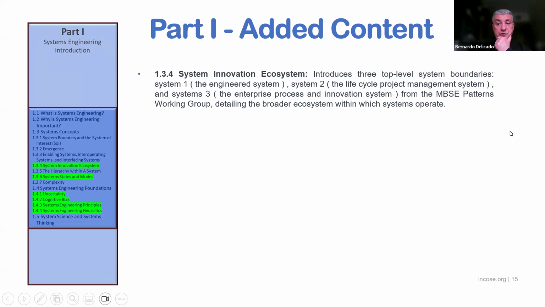This session introduced the 3 top-level system boundaries, system 1, system 2, and system 3, and these concepts come from the MBCE Patterns Working Group and detail the broader ecosystem within which a system operates.